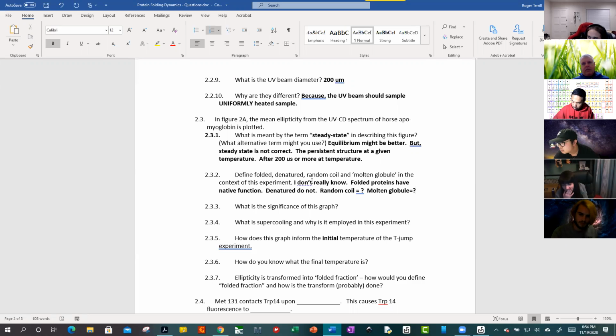Harley, do you have any insight into what the molten globule might be? Well, usually when you have the energy landscape diagram for protein folding, the molten globule is kind of midway in the funnel.